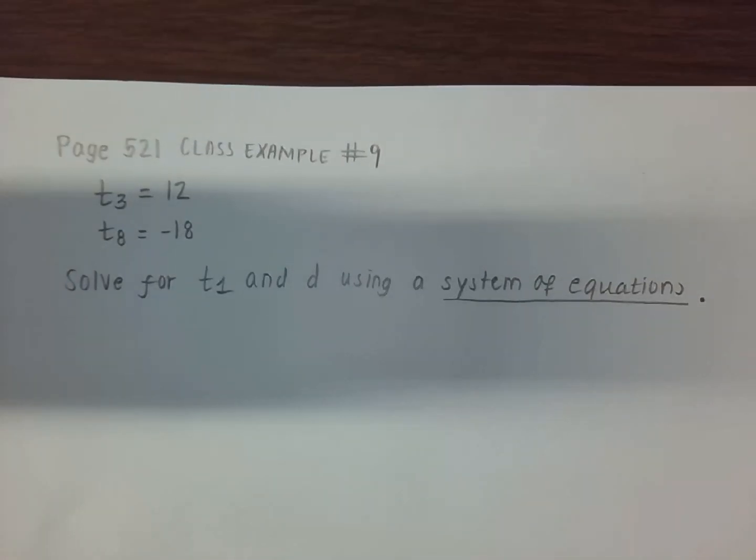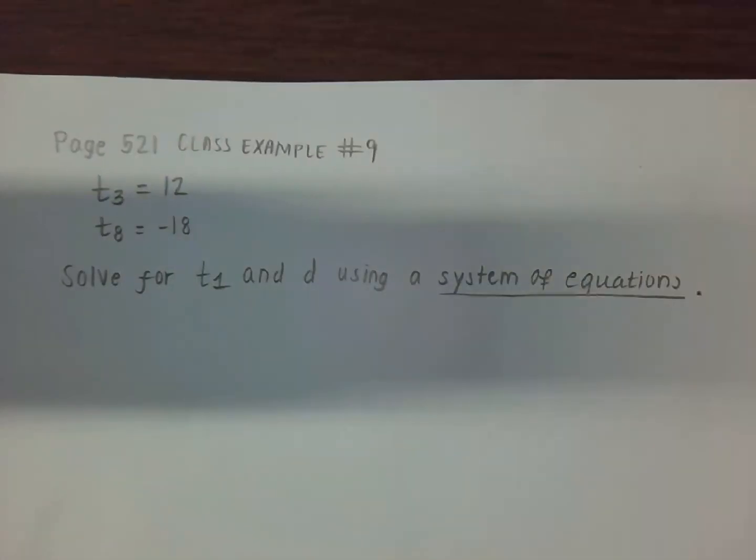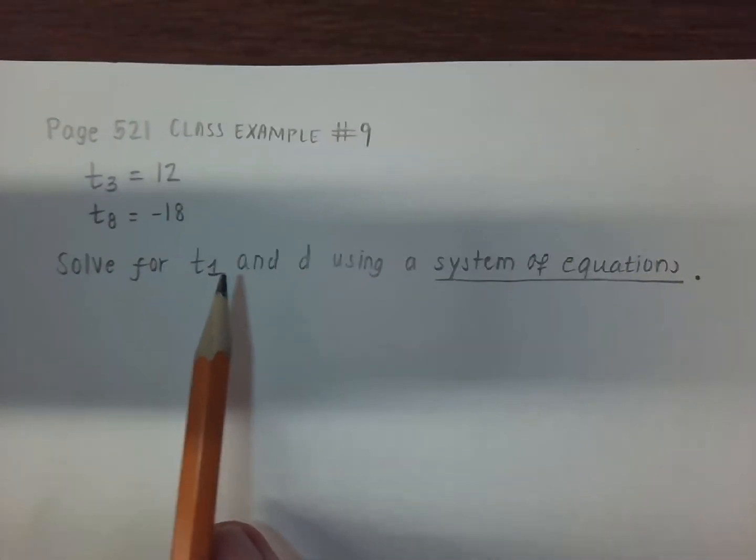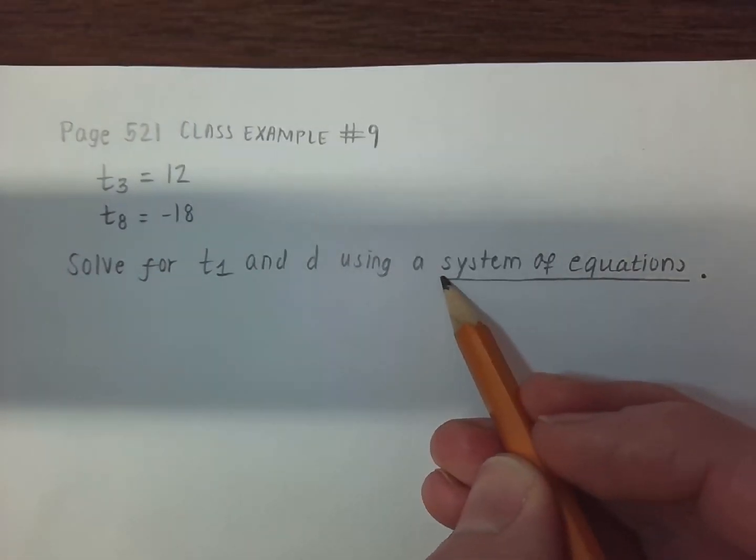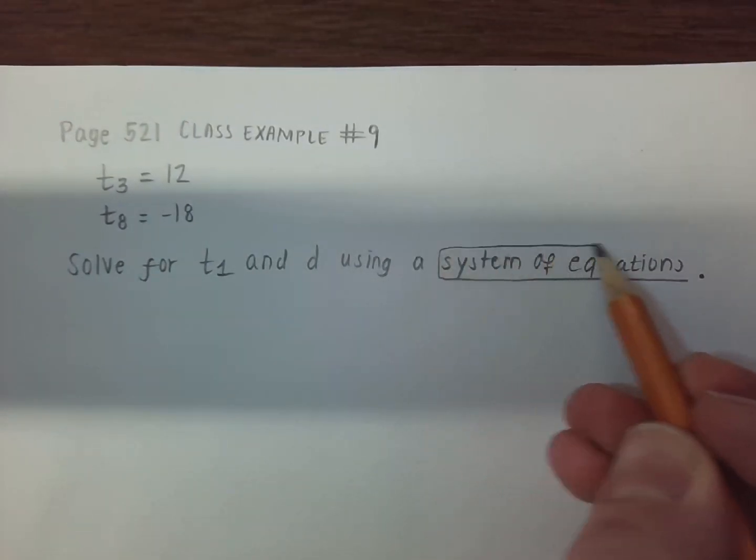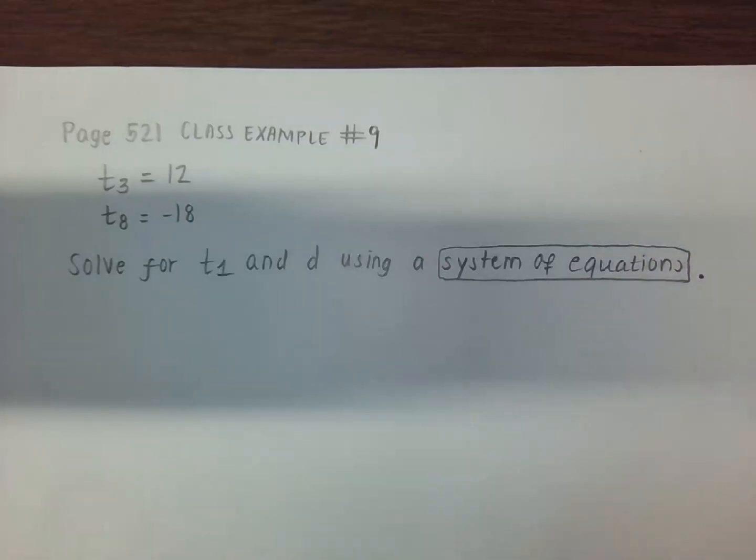Okay, so last example, and it's basically the same question as the previous example we just did, but I just want to make sure we go through how to solve using a system of equations.